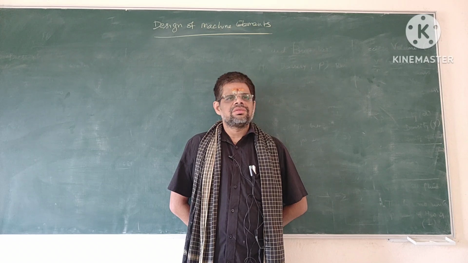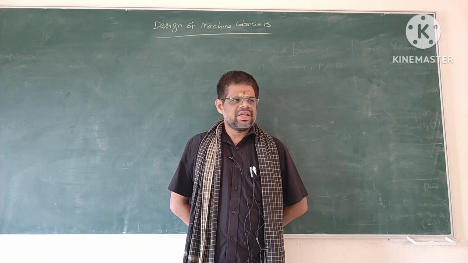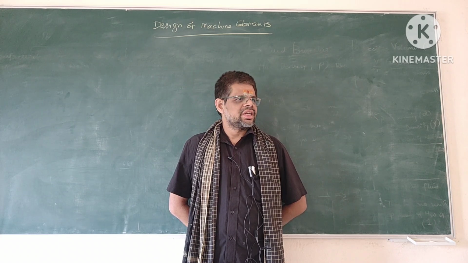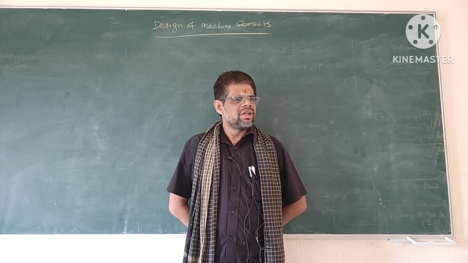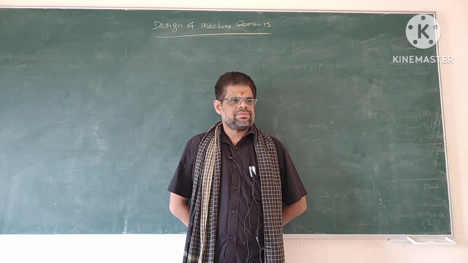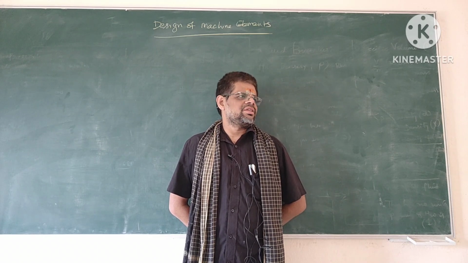I have given you examples of machine elements in the last class, like shafts, gears, pulleys, cams, belt drives. All these are examples of machine elements. In this subject, you are going to design those elements.